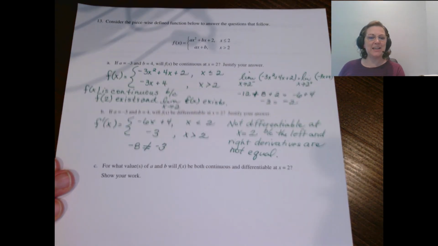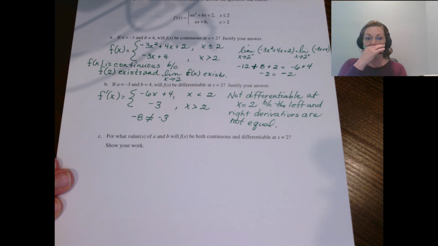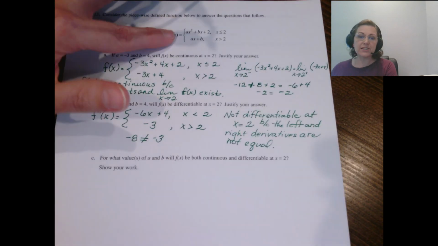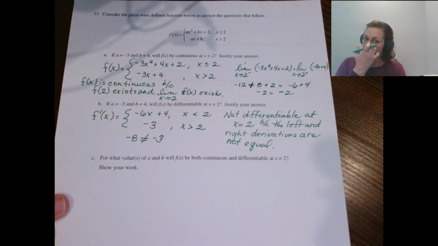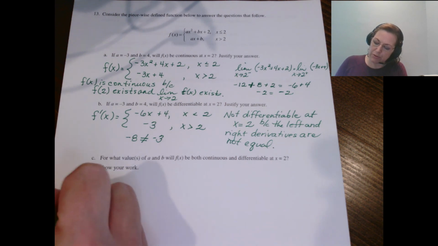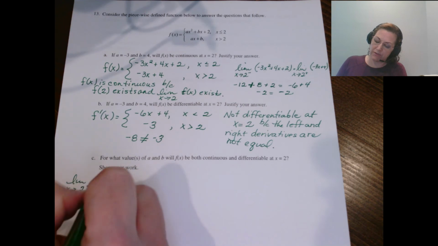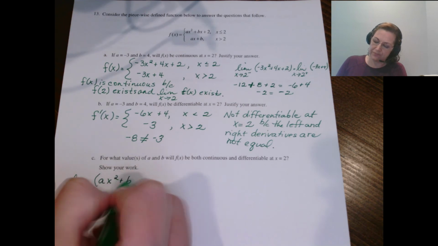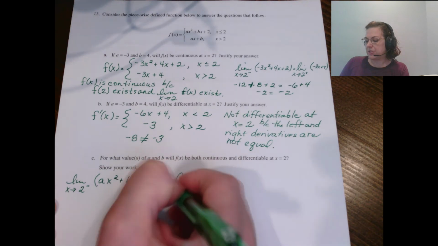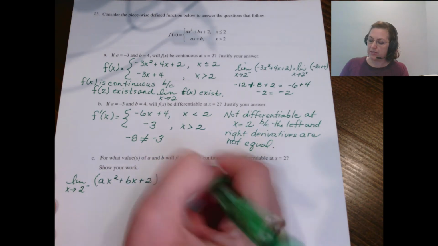Okay, now C. For what values of A and B will f of x be continuous and differentiable? Okay, so we're going back to the original function. We're going to play off of that limit, right? The limit as x approaches 2 from the left, we use the first piece. And the limit as x approaches 2 from the right, we'll use the second piece.